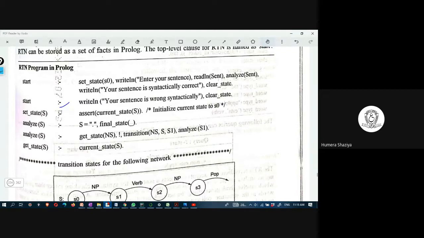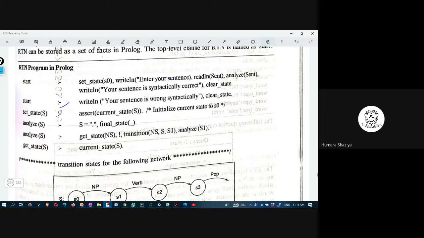The sentence is read, analyzed, and then printed: your sentence is syntactically correct. This is how that structure could be implemented in a programming language. First, take the input in the form of a sentence, and that sentence is read in, analyzed, and then if it is correct, it prints a message, your sentence is syntactically correct.